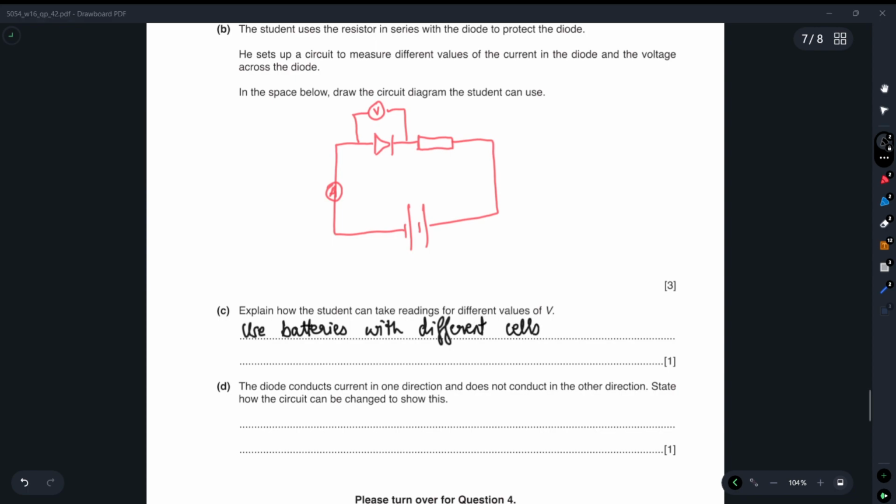Okay, so one option would be to use batteries with different cells. Another option would be to use क्या कहते हैं, it's an input voltage input system or a power system. Essentially power supply, power system क्या बोल रहा हूँ. So you can use a power supply which has a variable input voltage or a variable input potential, EMF, whatever you want to call it.